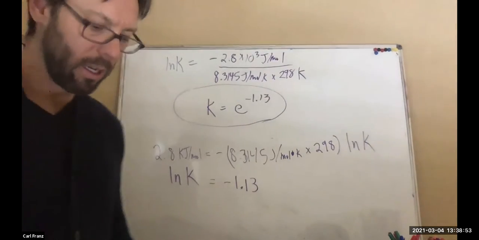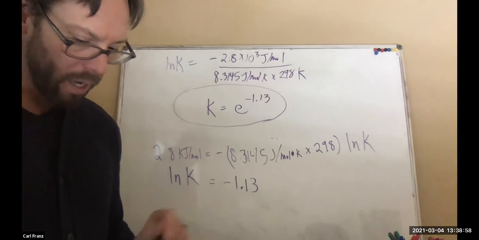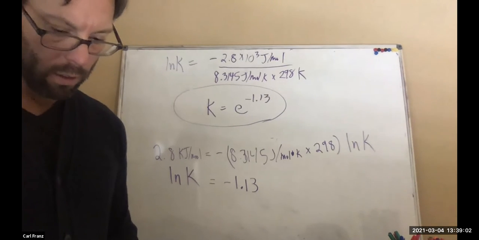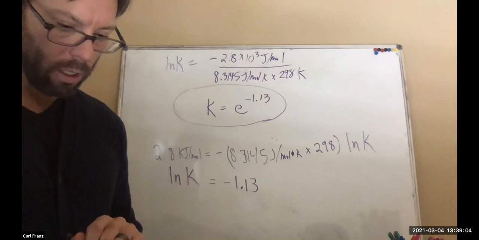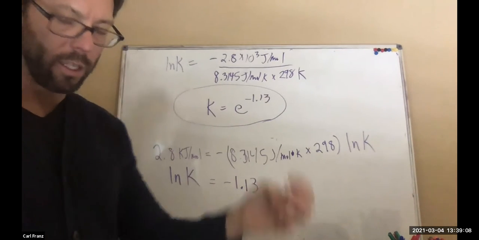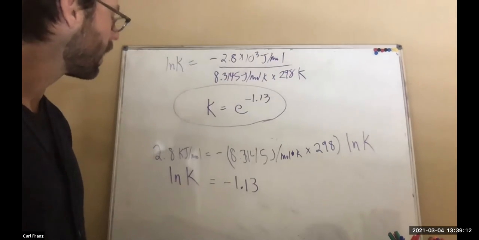So what that would look like is you would take on your calculator, for mine, it's e to the x. So you type in negative 1.13, and then you hit that e to the x button, and what do you get? 0.323.